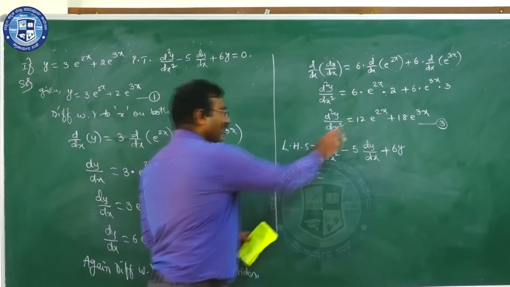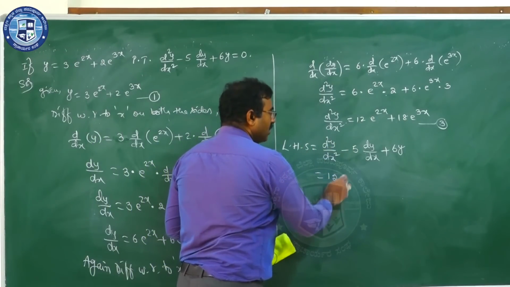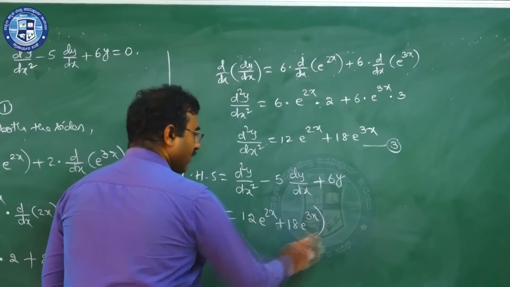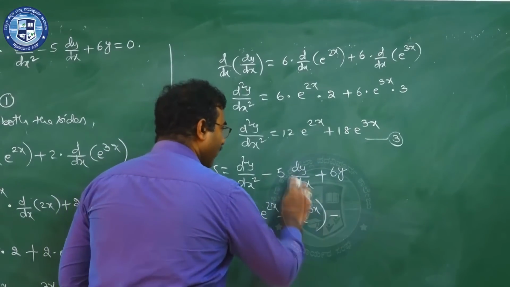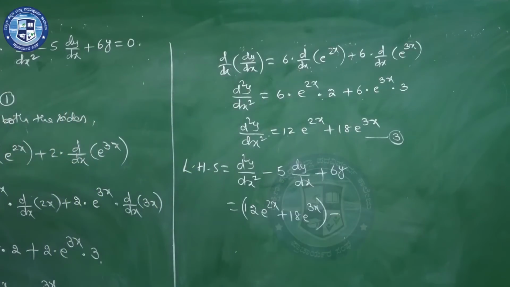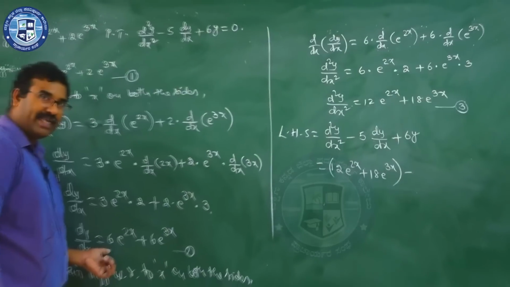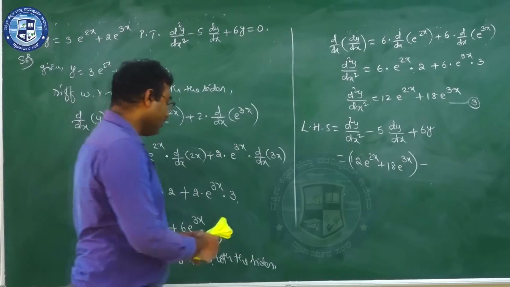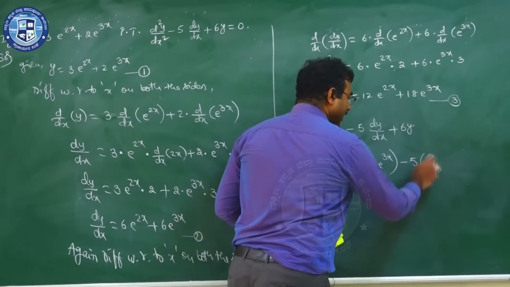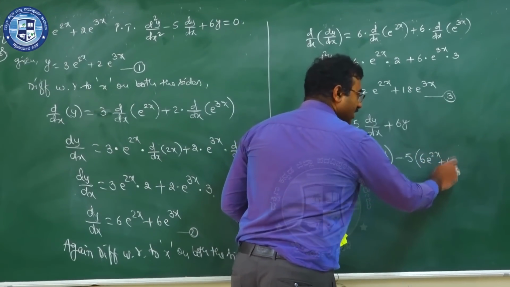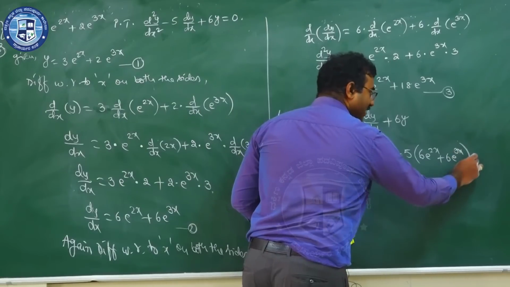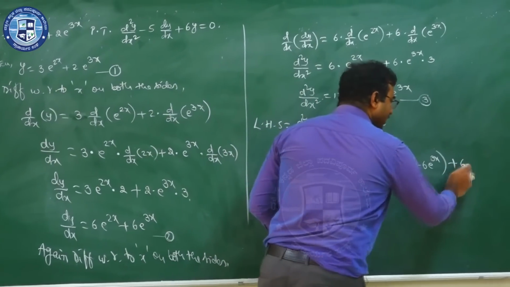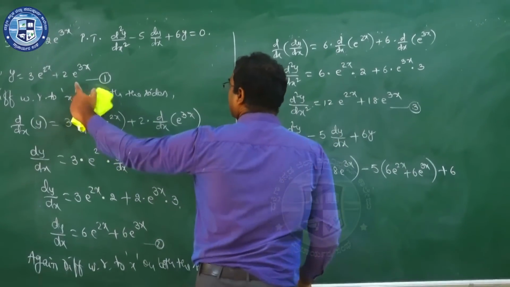d square y by dx square, what is it? From 3, 12 e power 2x plus 18 e power 3x, minus 5 times dy by dx. That means dy by dx is here, 5 times of this, okay. So 5 into 6 e power 2x plus 6 e power 3x. This is the dy by dx value, and plus 6 into y. Y means the given one.